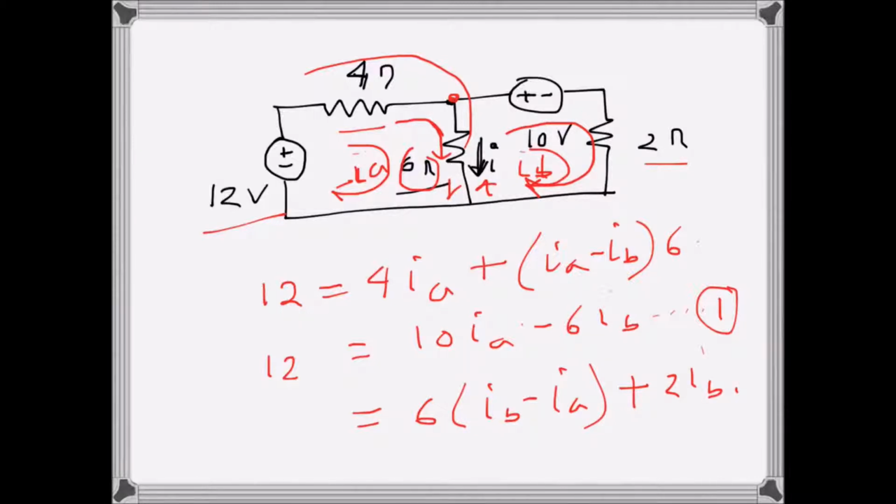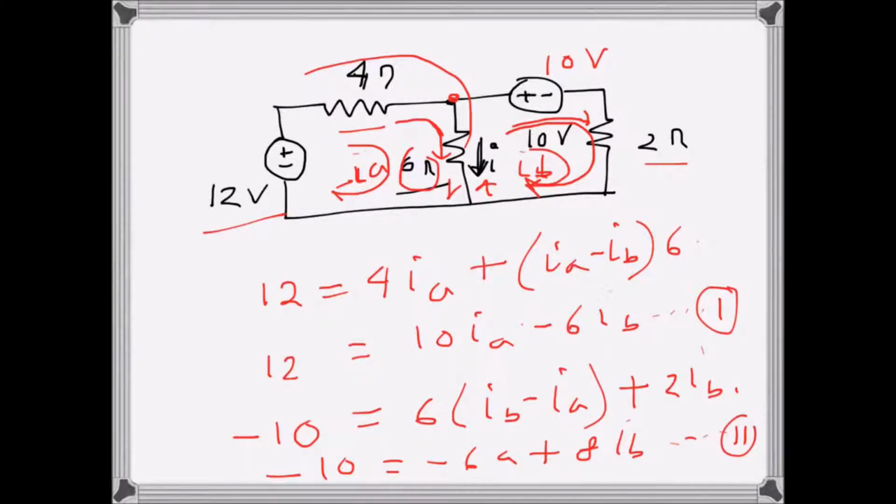And this 10 volt voltage source, when we are traversing this way, is a drop actually, so on the other hand side it will come as a negative sign. So this can be written as minus 10 equals minus 6 IA plus 8 IB. So this is equation 2.